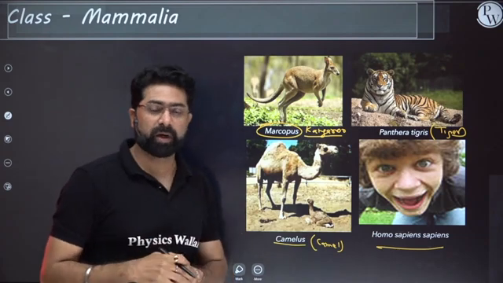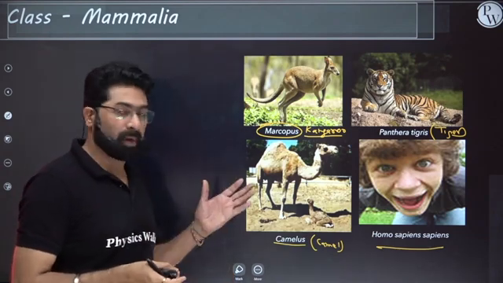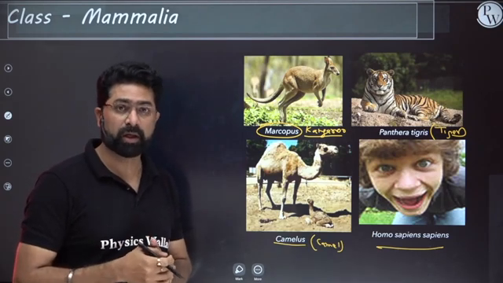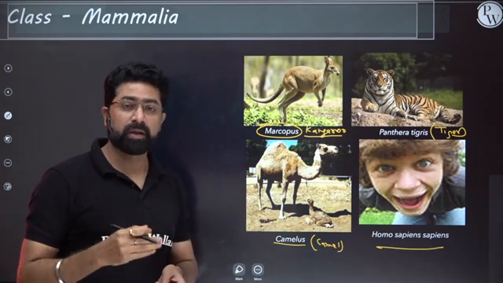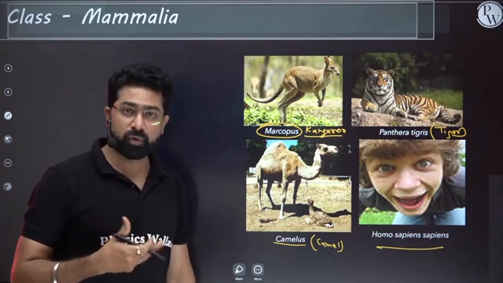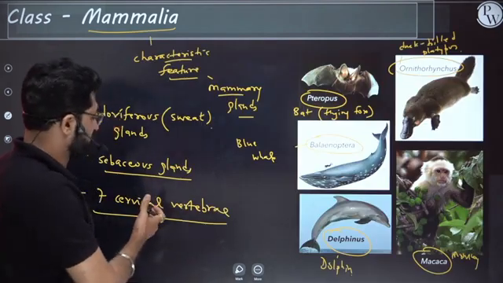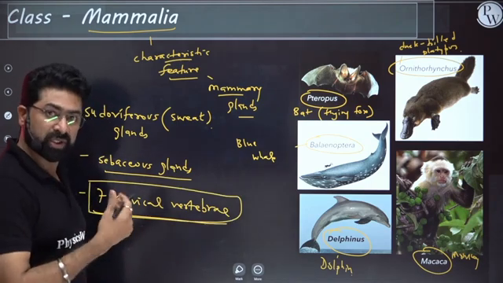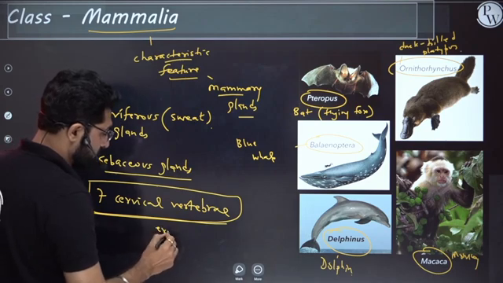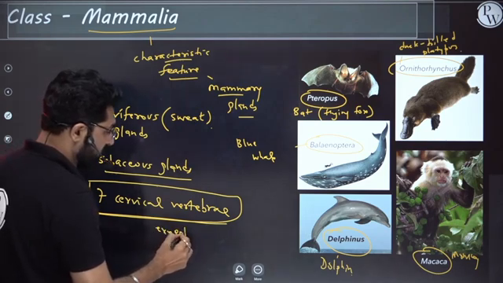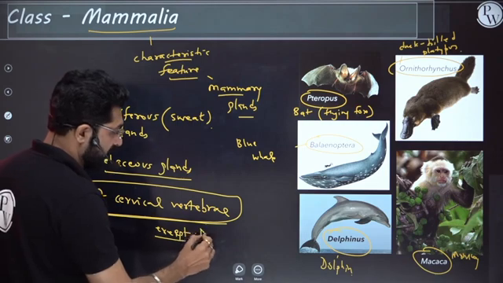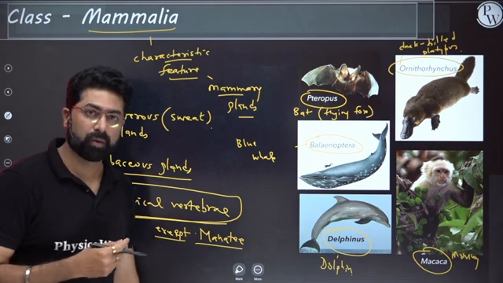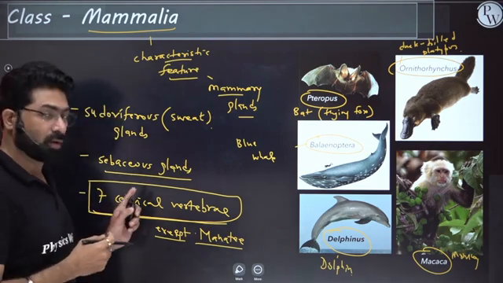Okay, so it is very important that you remember those common names, and some general characters are also very important to remember. For example, for mammals, 7 cervical vertebrae. This is not in all; there are exceptions. In some cases they may be 6, like the manatee and the two-toed sloth, which do not have 7 cervical vertebrae.